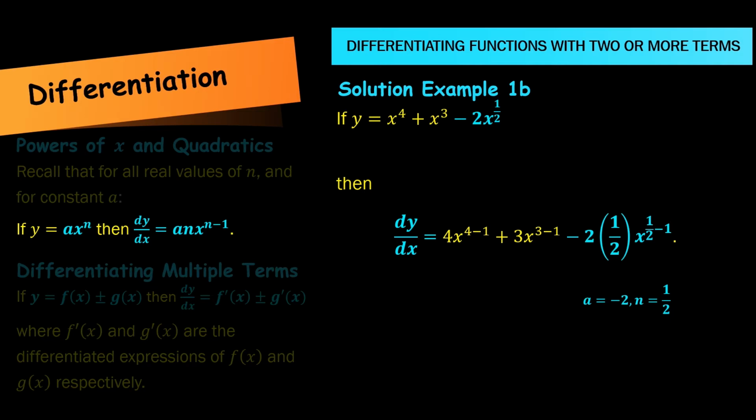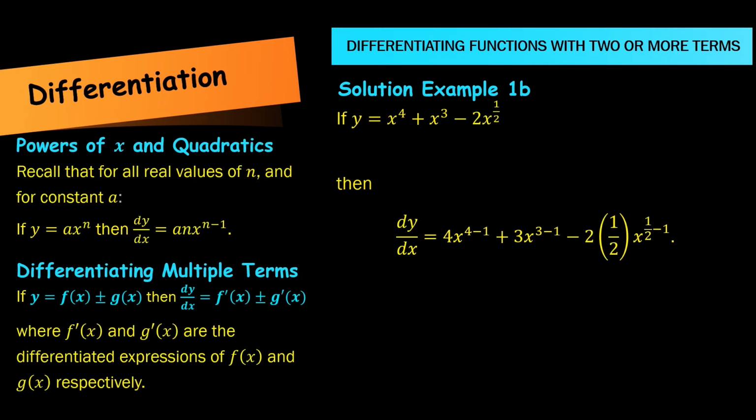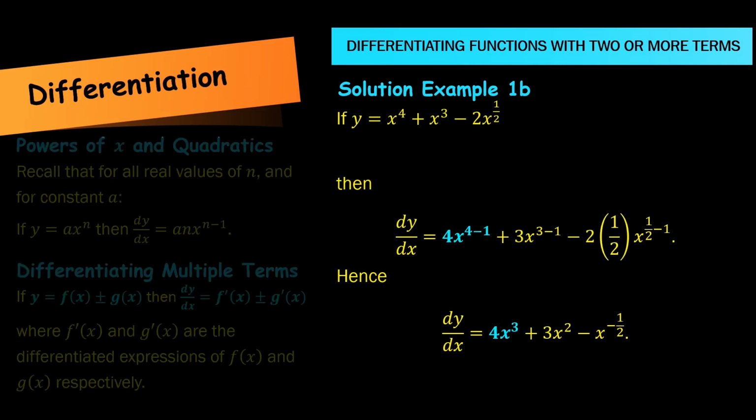So we have this slightly complicated expression highlighted in red for dy dx for this term. We can therefore tidy up to obtain dy dx equals 4x cubed plus 3x squared minus x to the power minus a half.